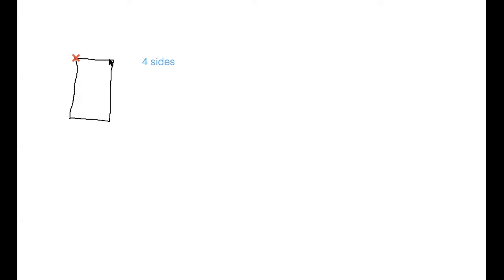That is the point where 2 sides meet. So a single one is called a vertex, but when we talk about more than one, we call them the vertices. So how many vertices would there be on a rectangle? Yeah, there are 4 vertices. Very good. 4 vertices.